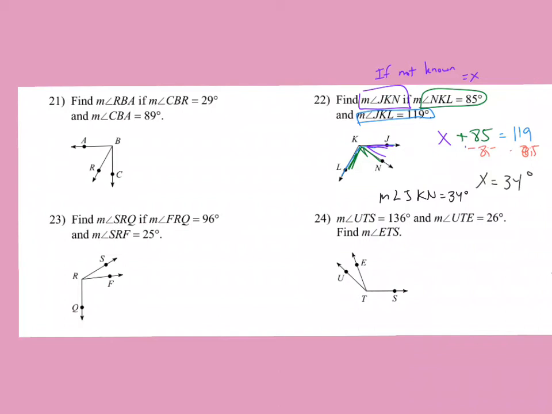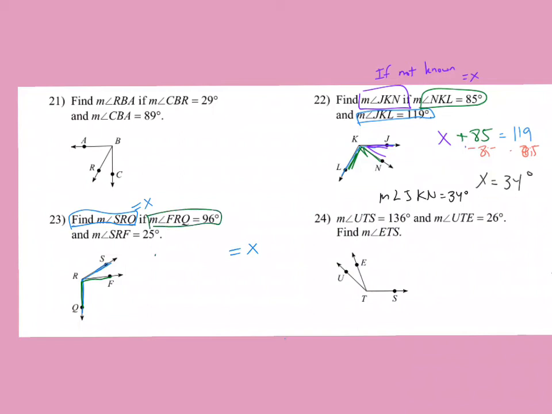All right. Now I'm going to do the same thing with 23. I'm going to identify the big piece first. That's QRS or SRQ. So find SRQ. We don't know that, so I'm going to say that's equal to X. Now I have a green piece, QRF or FRQ.